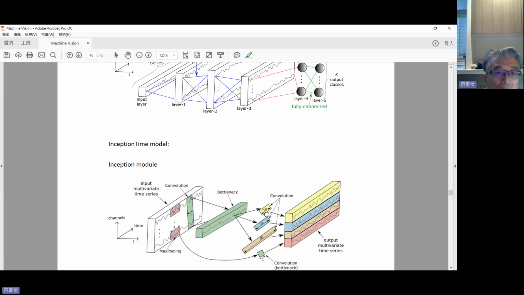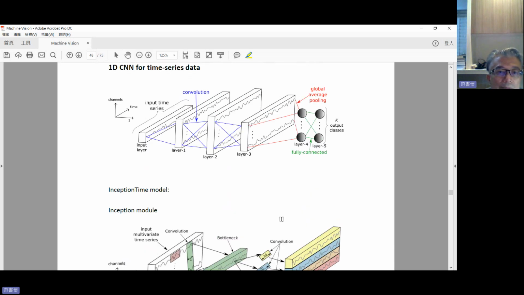The input multivariate time series can be differentiated into different channels, using a different window. This is the trend pattern, the seasonal factor found. The remaining can be the high frequency pattern, low frequency pattern. The last one is going to be the residual, the output multivariate series, the inception model.